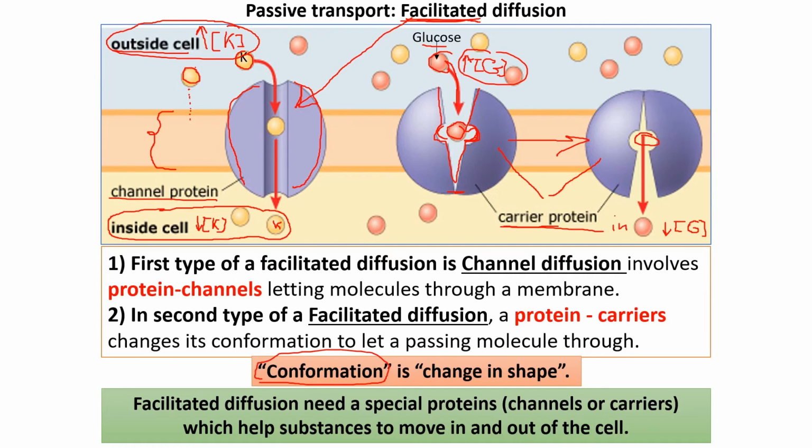And again, conformation means changing the shape. Transmembrane protein carriers change in conformation, they change in shape. Facilitated diffusion needs special proteins, channels or carriers, which will help substances, for example potassium and glucose, to move in or out of the cell.